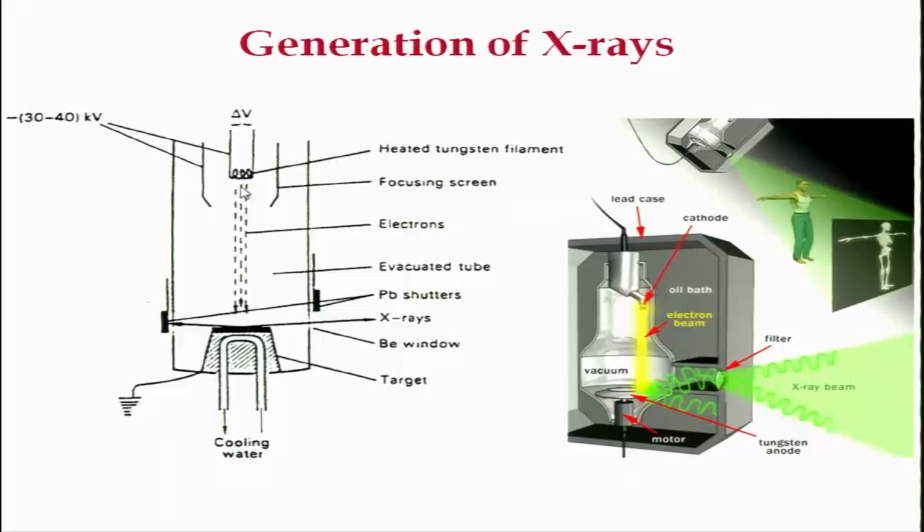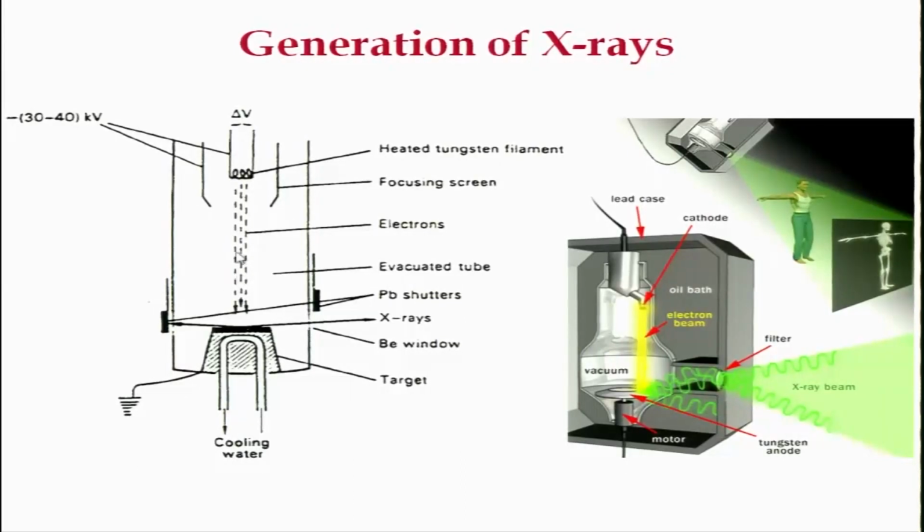Okay, so there are no air molecules, and these electrons are focused onto a target, and this target is made up of a material from which you want to generate X-rays. So if you want to generate copper X-rays, it could be a copper target. If you want to generate iron X-rays, it could be an iron target. If you want to generate molybdenum X-rays, it could be a molybdenum target.